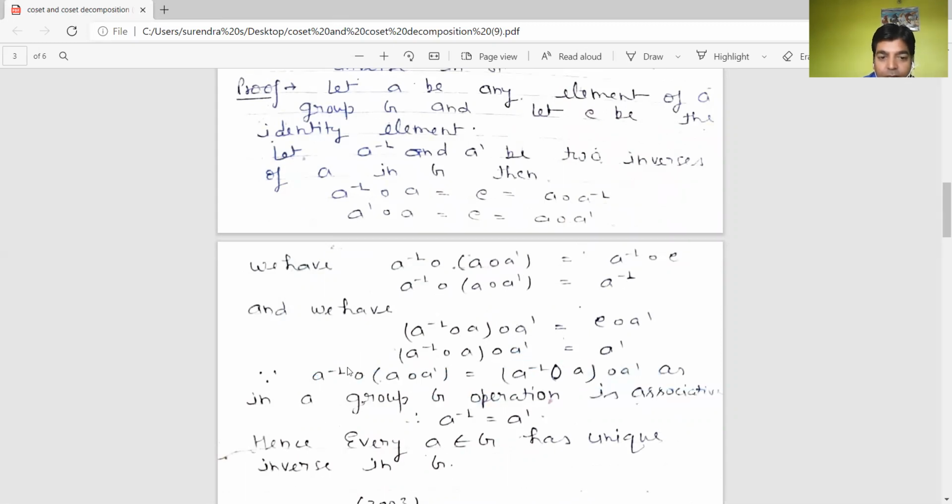Since G is associative, both expressions are equal, so we can write A inverse is equal to A dash. Hence, every element A belonging to G has a unique inverse in G. This was the second property.